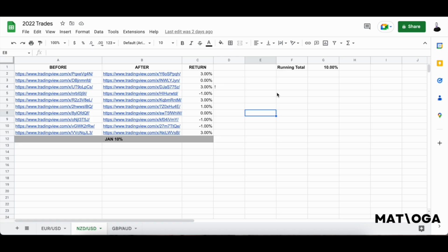We will go through the trades, and to be honest, NZD USD is one of the pairs that is quite interesting, I would say, because most of the times it starts to move within the US session.